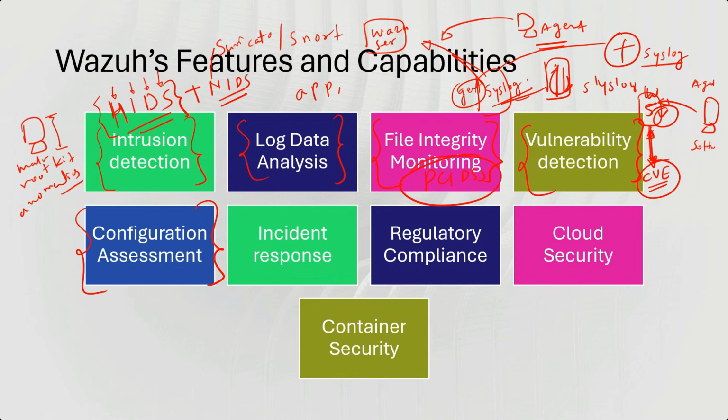Now this is very powerful, guys, because Wazuh monitors system and application configuration settings to ensure that they are compliant with our security baseline, standards, or hardening guide. So this is our Wazuh server, and this is our agent.